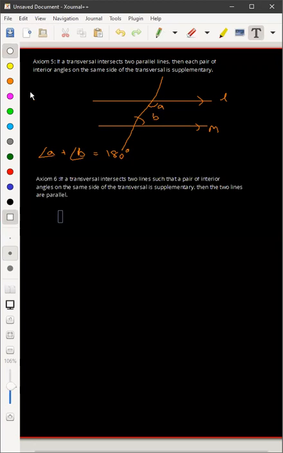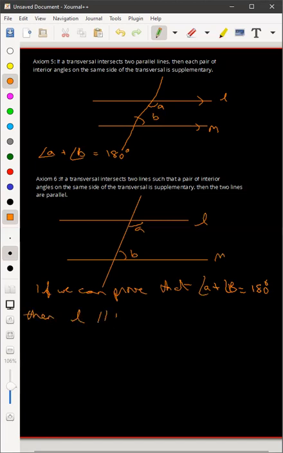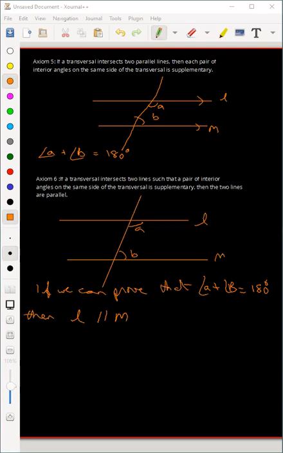So in this case, what are we given? We are given two lines, but we are not given that they are parallel. So if we have a transversal which cuts through them, and if we can prove that angle A plus angle B is equal to 180 degrees, then L is parallel to M. So this is the converse of that, right? Clear? Please copy this down.